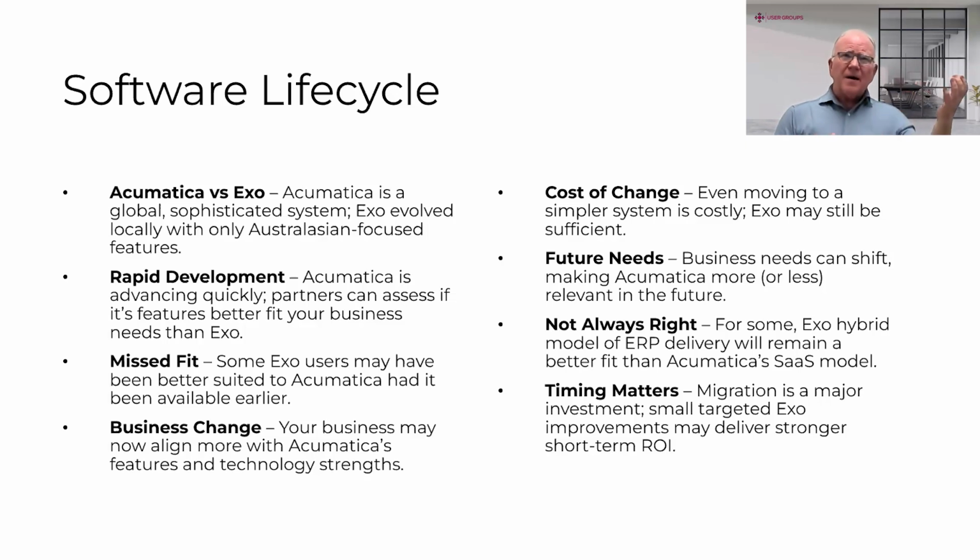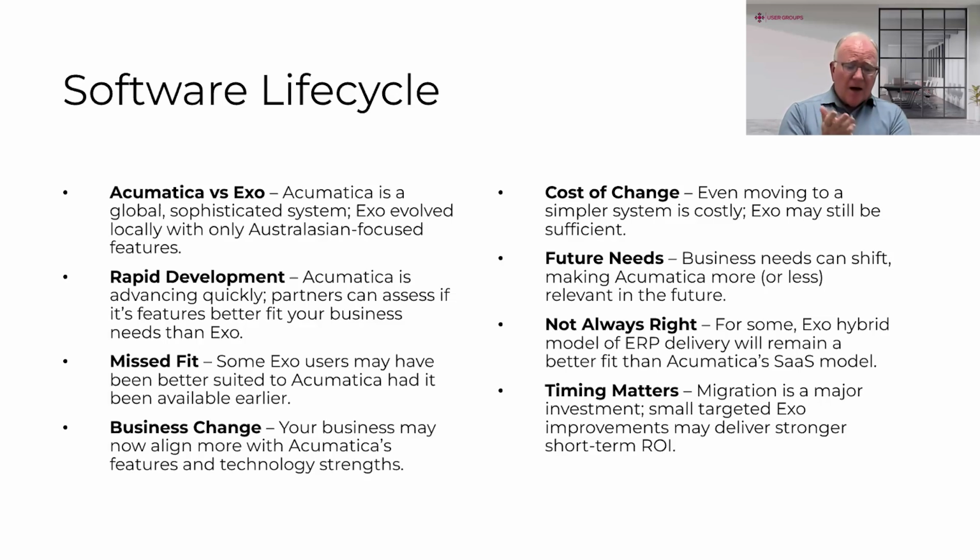which if you look at it from an Acumatica perspective, you might have space to grow inside there with features that are off the shelf, whereas with EXO, most of you who are sticking with EXO because it suits your business at this point are extending EXO and pushing out the boundaries. Another thing about Acumatica, obviously being a global application, is that it's developing extremely quickly.